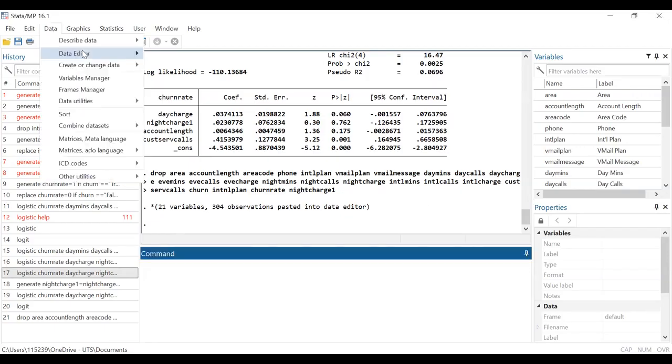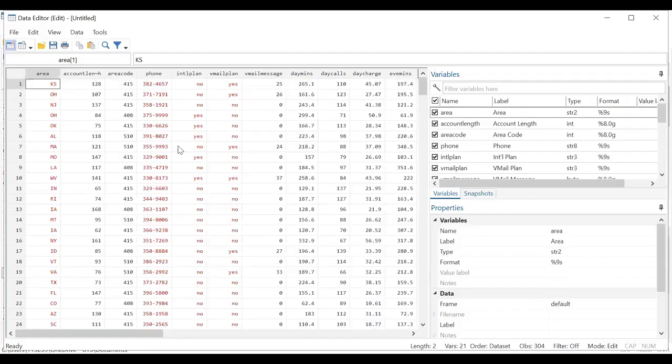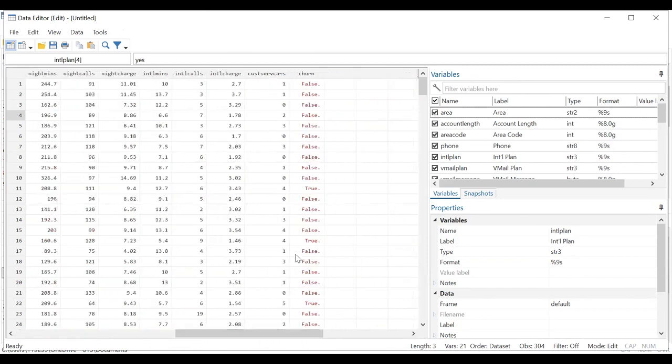If I show you this data set, you will notice that there are two different types of variables. One is area, international plan, voicemail plan. These are called categorical variables because they are in terms of yes and no and labels for the area. Even churn is actually a categorical variable. The others are continuous numbers.